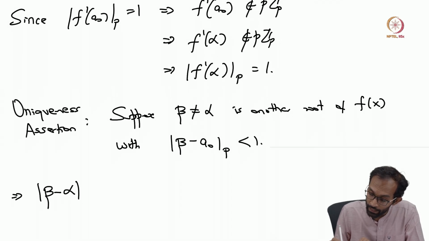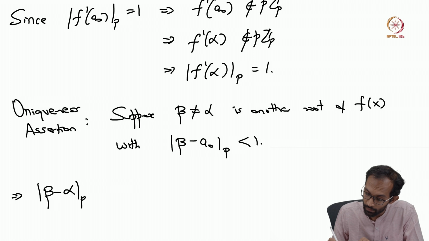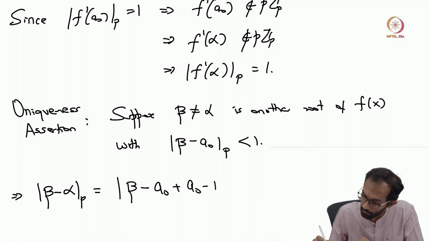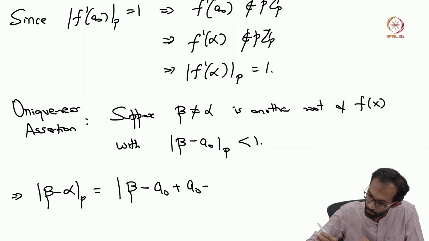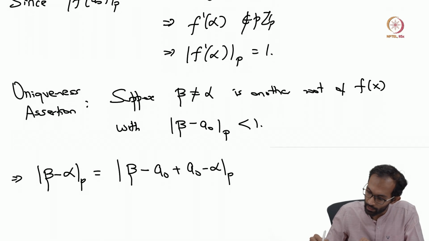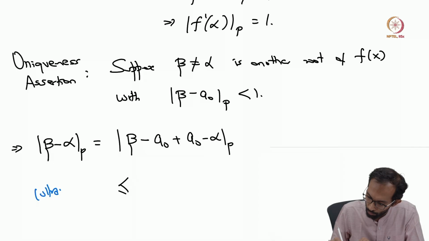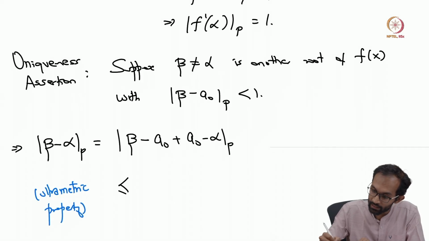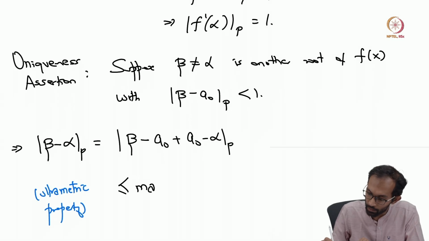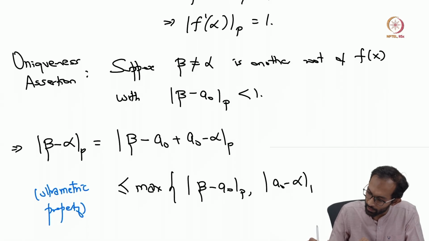then if I compute the p-adic absolute value of beta minus alpha, then again playing the same trick of adding and subtracting a naught, and using the ultrametric property, you see that this is less than or equal to the maximum of beta minus a naught in p-adic absolute value and a naught minus alpha in p-adic absolute value.